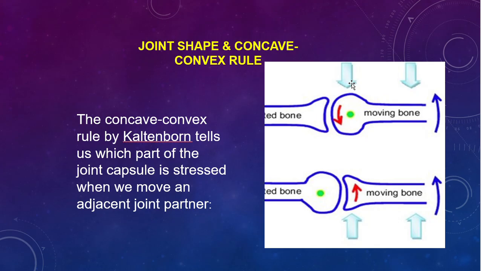So Kaltenborn came up with a rule to say that when a convex bone is moved on a concave bone, the gliding, that's what the therapist is doing, and the movement gain will be in opposite directions. The gliding is downward, the movement gain is upward. But look at the situation below. Where you have a convex bone not moving, the concave bone is the one moving.